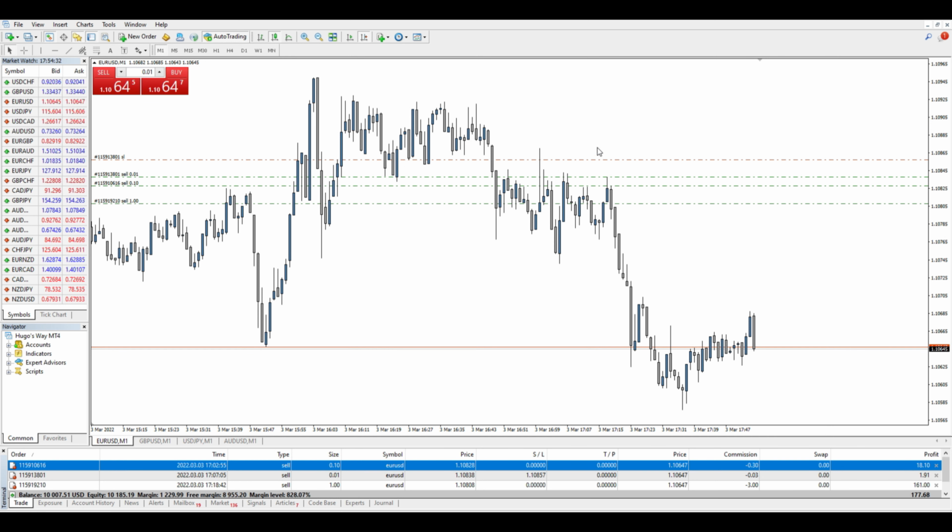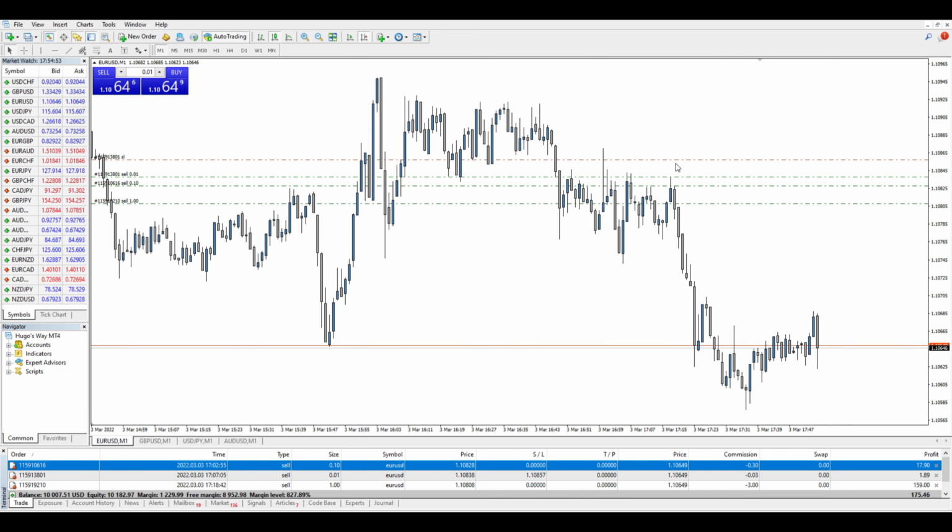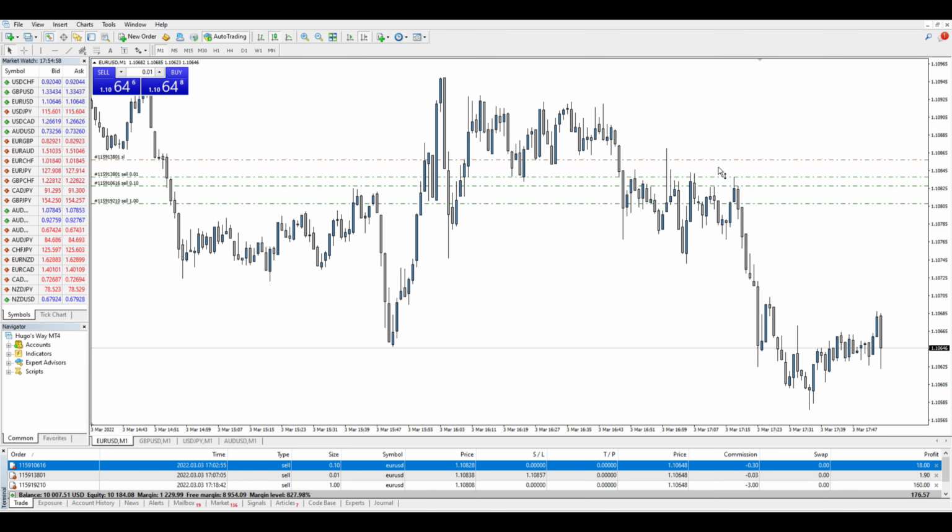If price, when we sold, would have pushed against me and hit our stop loss, we would have been out of the trade and we would have lost the amount measured between the stop loss and the lot size that we're throwing in. So later on, I'm going to show you guys how to calculate your stop loss, but as of right now, just want to show you guys how to read out and input your lot sizes.